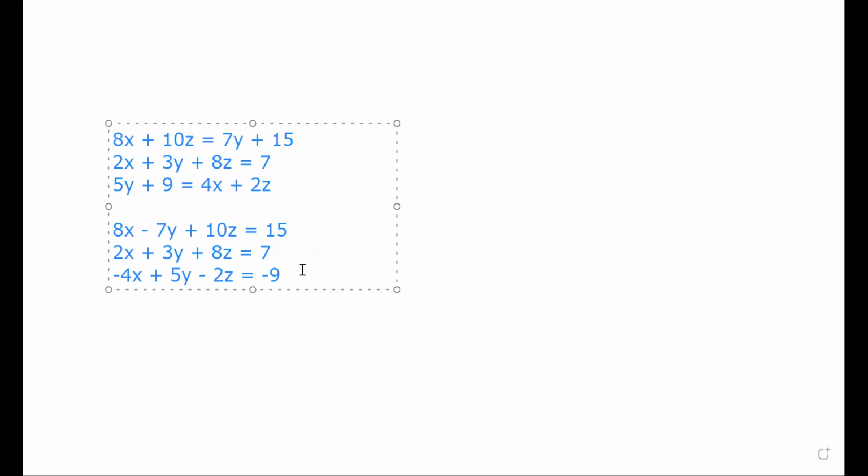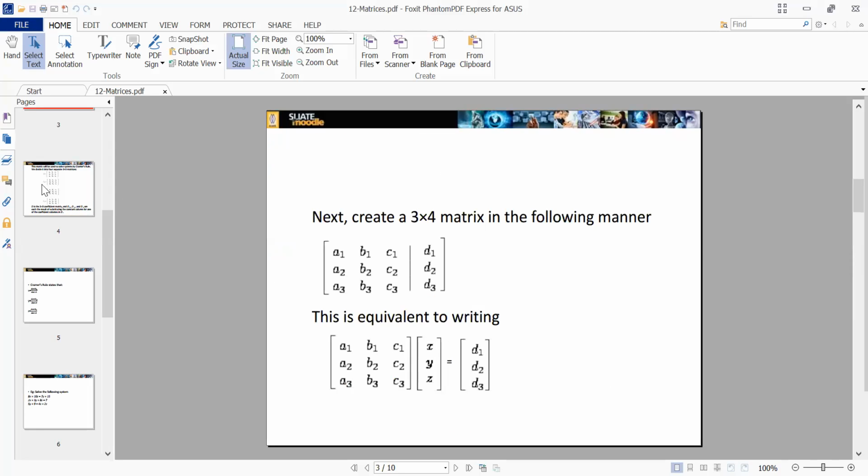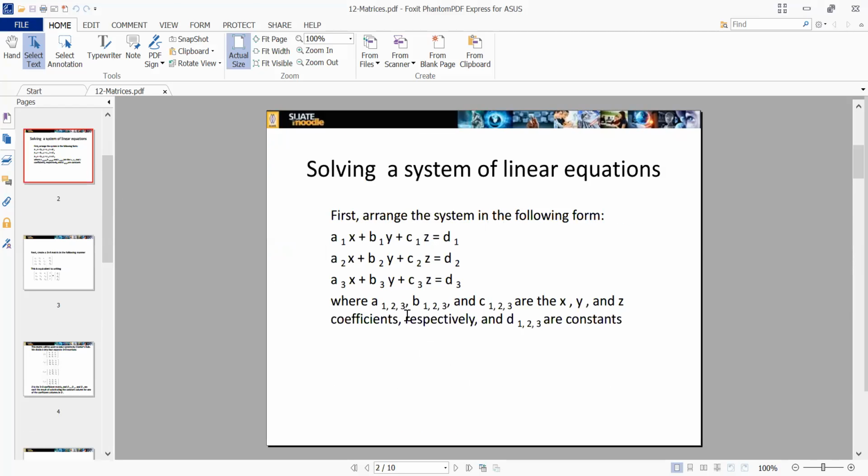Now from this one, you have to create the required matrix. I'll show you what we need to do. So we have received the equations in this format.